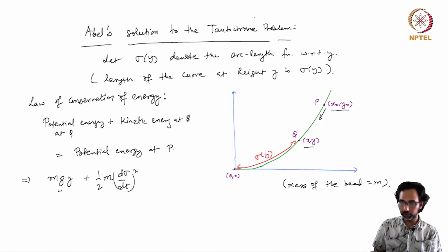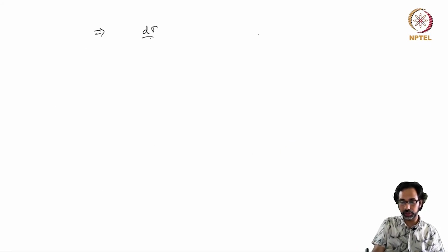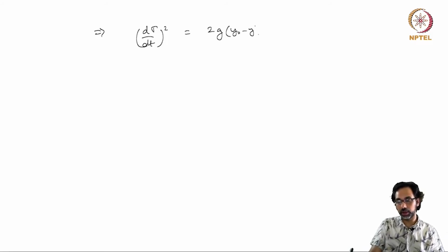So the kinetic energy at Q is half m, the velocity squared, which is d sigma over dt squared, and the potential energy at P is mg times y0. So we get the differential equation d sigma over dt whole squared is equal to 2g times y0 minus y.